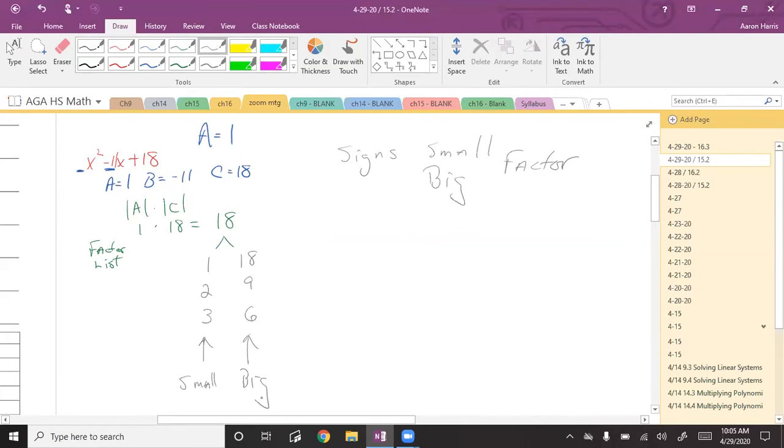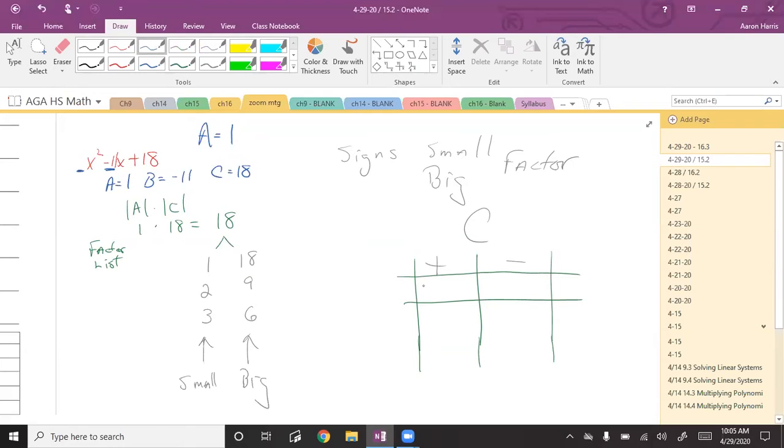You have to know something about C and B. This is a graphic organizer that I memorized and it made my life easy, all right? So we've got the little tic-tac-toe right there. We can predict what our answers are going to look like. So with that being said, I know I'm going to multiply 2 binomials every single time.